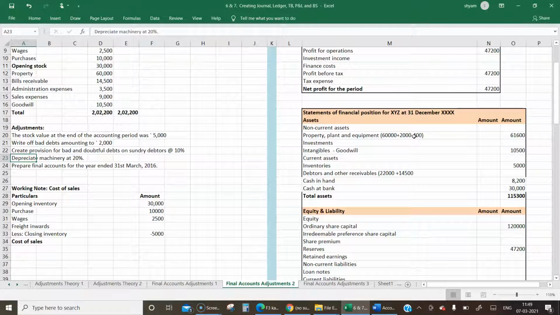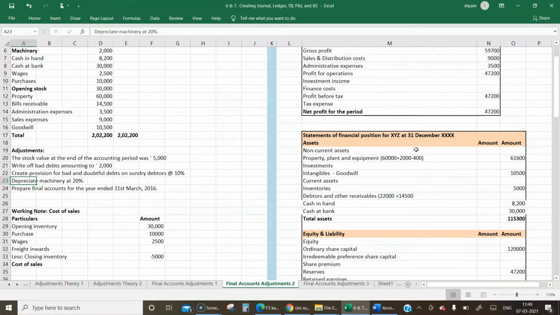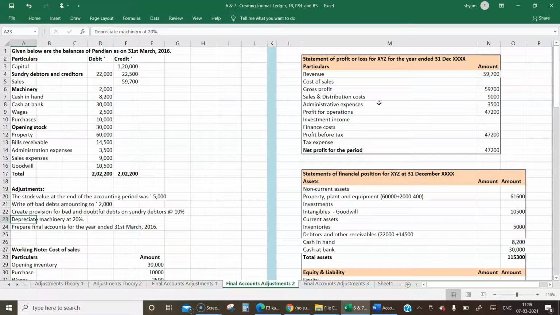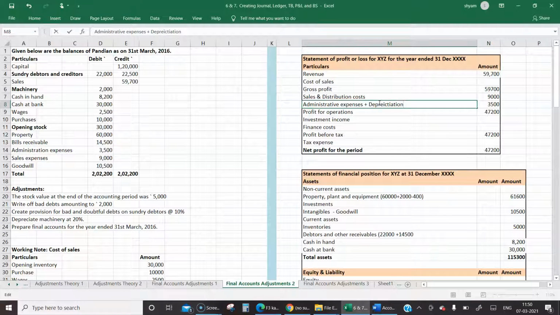We have not taken the depreciation to the SOPL. So depreciation, we'll put it in administrative expense. We'll add depreciation there. So we'll take it as 3,500, and depreciation is 400.